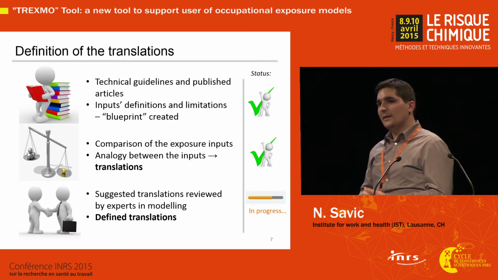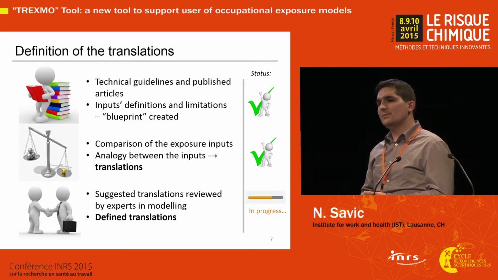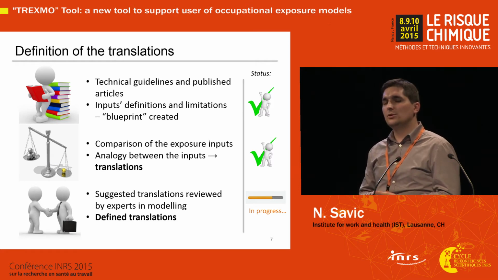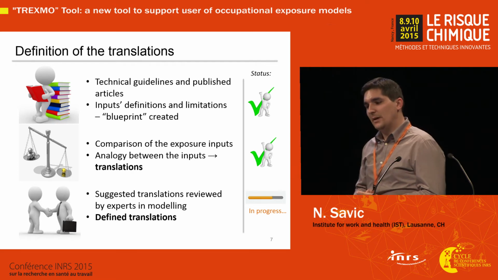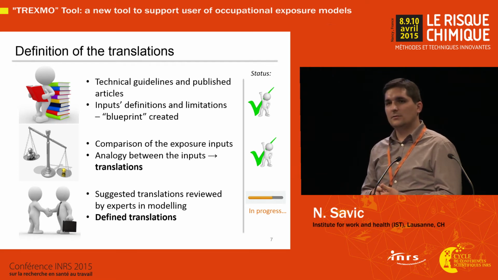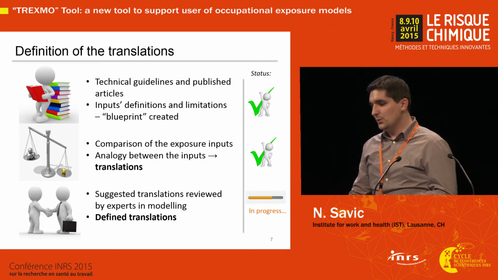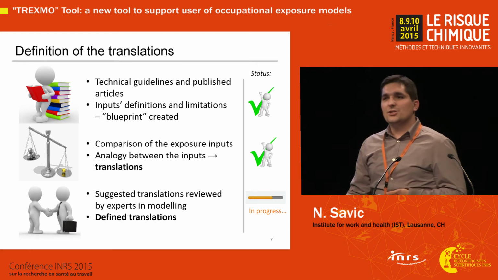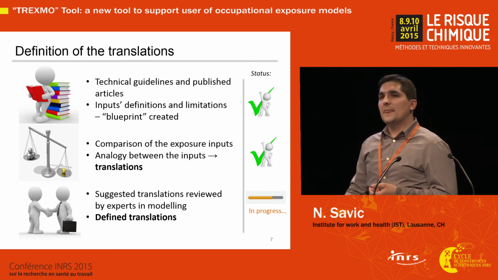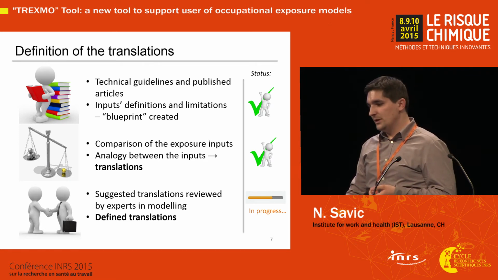And when we get agreement between those experts in modeling who will be participating in this step, we will finally be able to say that we have defined translations and a definition system that can do translations between different inputs used in different exposure models.